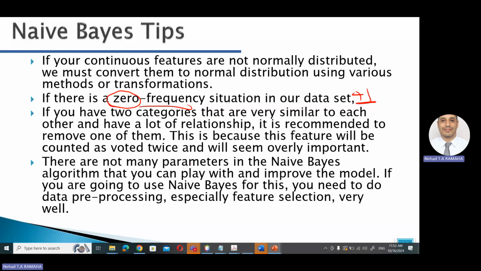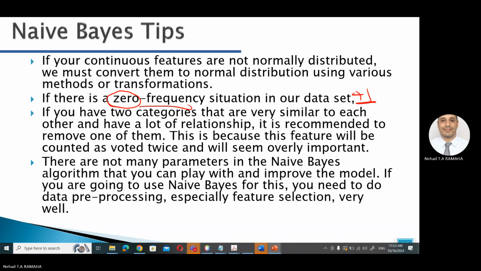But something may not exist, and we still have to multiply its probability. If its probability is 0, you will get the whole probability as 0. But if its probability is 0.000001, you will not affect the final result of the probability. You will not get 0. So to avoid this 0, in naive Bayes we usually add 1.